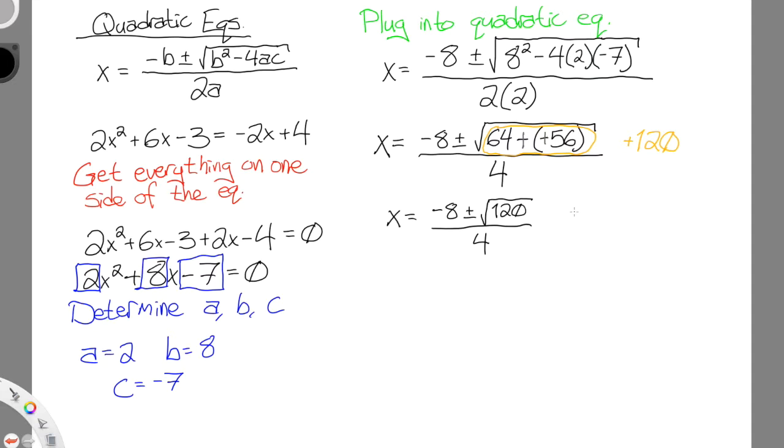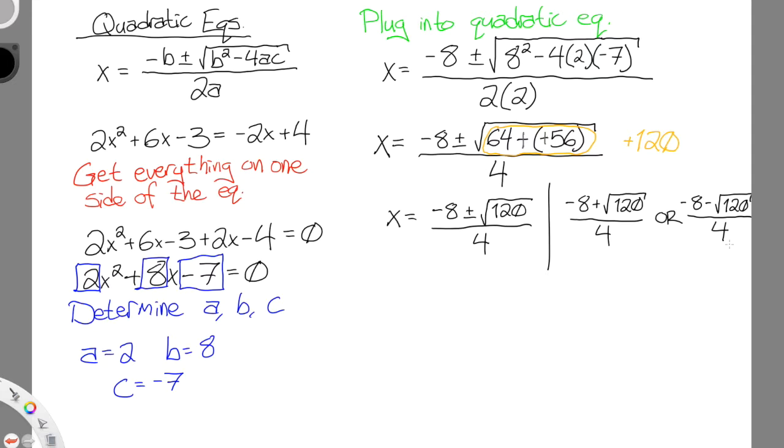Our first option, so let me just clearly draw a line there, negative 8 plus the square root of 120 over 4, or negative 8 minus the square root of 120, sorry, running out of room there a little bit, over 4.